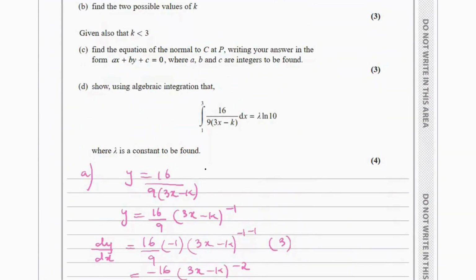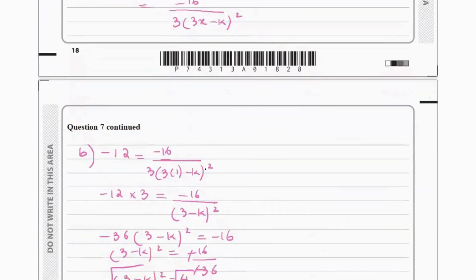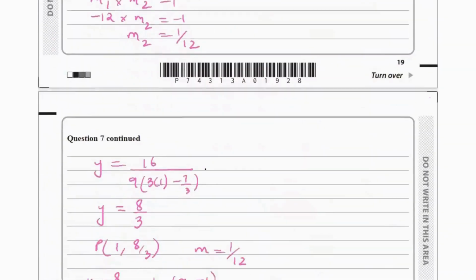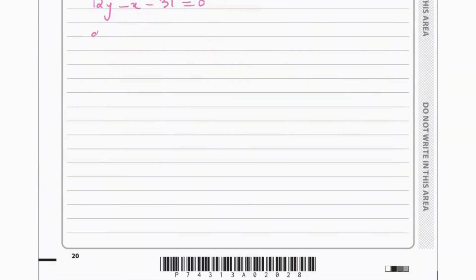Then show, using algebraic integration, that the integral of 16 over 9 times 3x minus k, from the limits of 1 to 3, is the same as lambda times ln 10, where lambda is a constant to be found. So what we're going to do is, first let's replace the values.